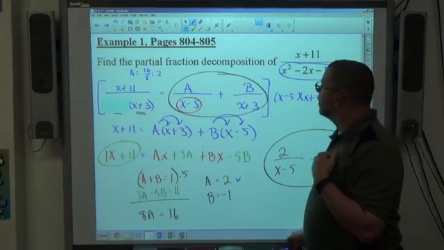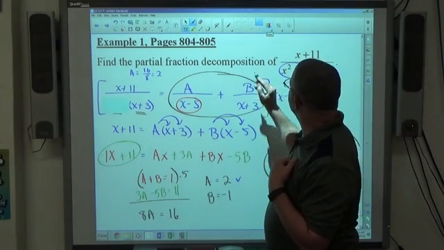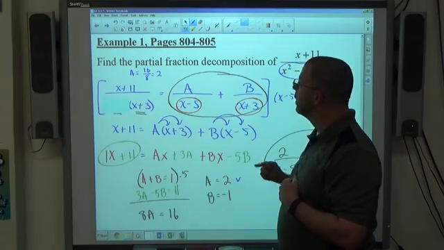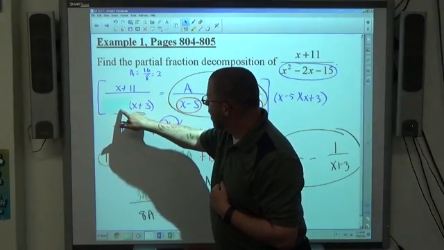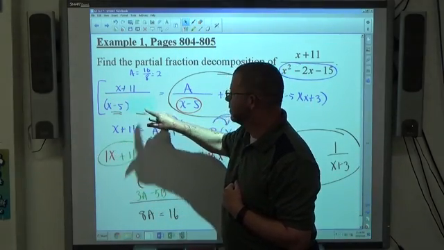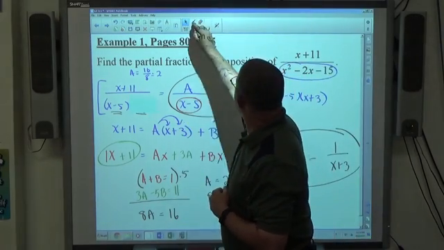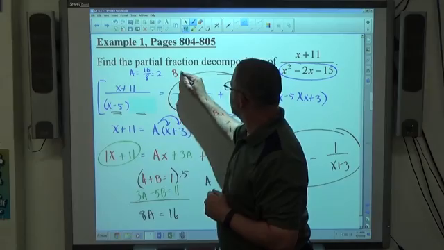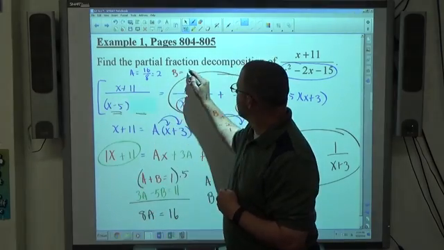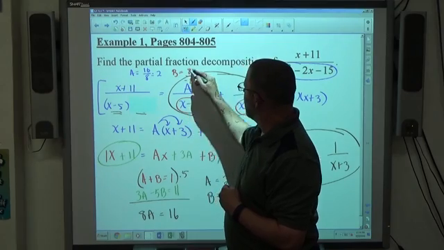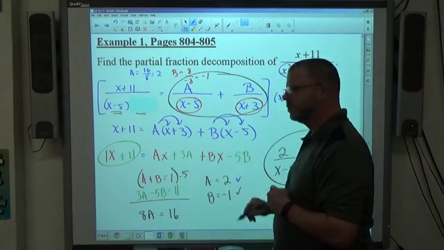All right? And then we do the same thing for b. What makes x plus 3 equal to 0? Negative 3. We cover up x plus 3, and we replace x with negative 3, and then b is going to equal negative 3 plus 11, which is 8, over negative 3 minus 5, which is negative 8. 8 over negative 8 is negative 1.